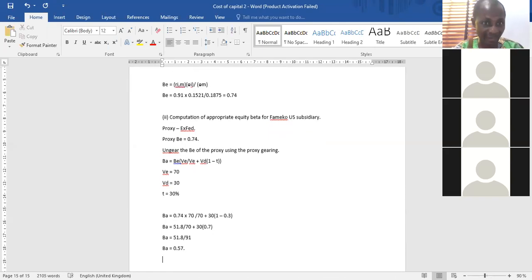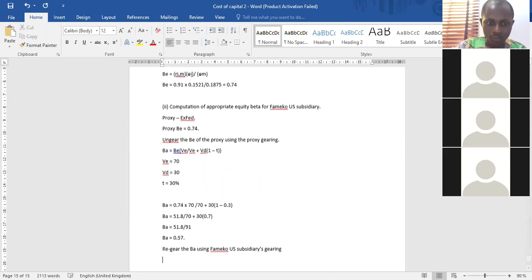So, the question requests that we compute what? Beta of equity of Fameco US subsidiary. So I will regear the beta of assets using Fameco US subsidiary's gearing.